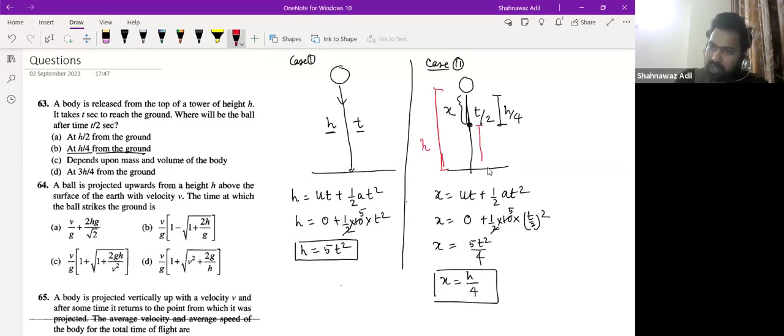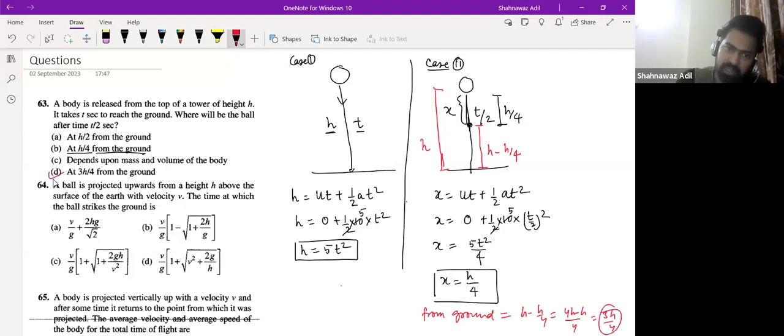So from the ground, this would be h minus h by 4, that is 4h minus h by 4, that is 3h by 4. So this is the option. Is it clear? There was a twist in the option. They have not directly written the correct option, but this was the crucial point.